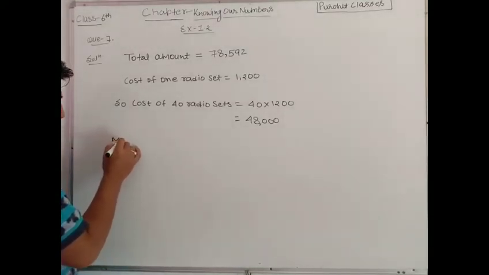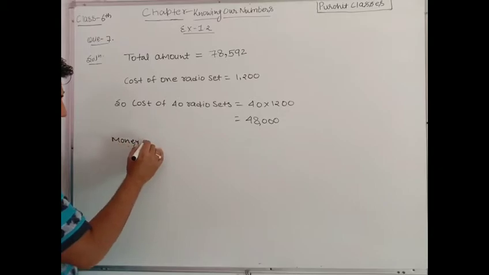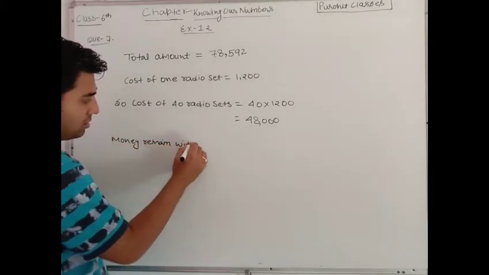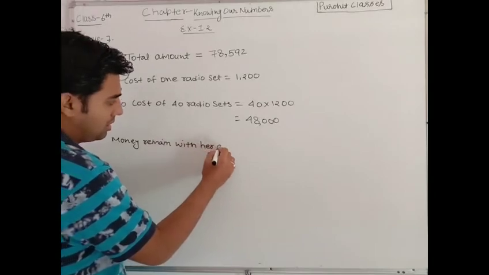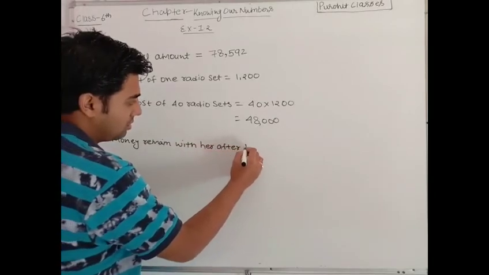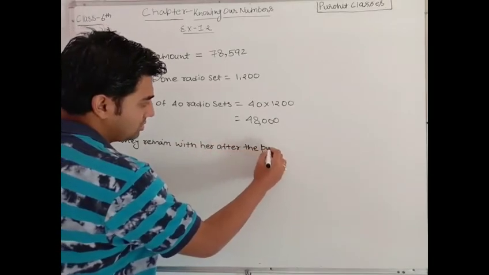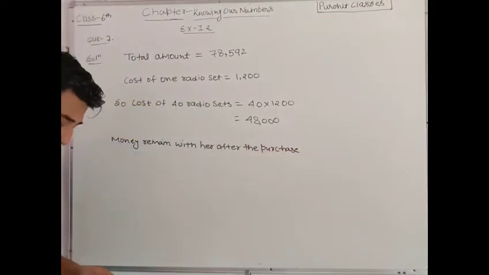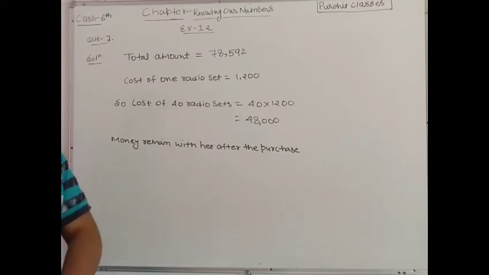So money remaining with her after the purchase. Look here, most of the language which I am writing I have taken from the question part. Same thing you have to do in mathematics.